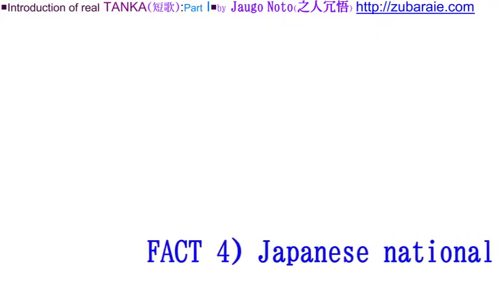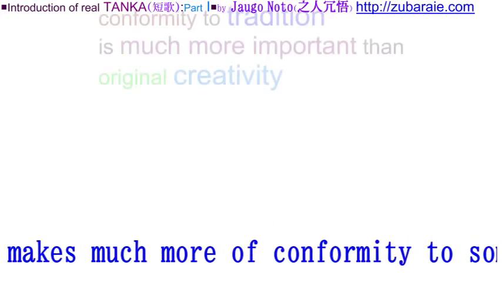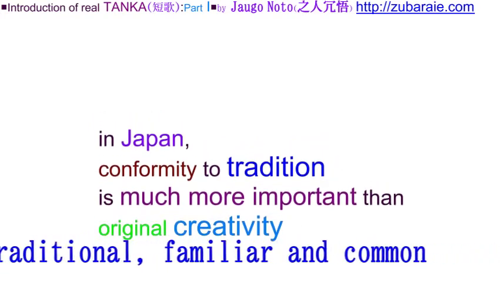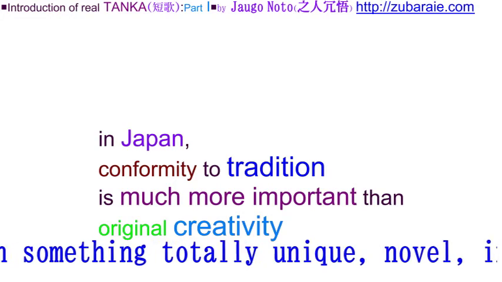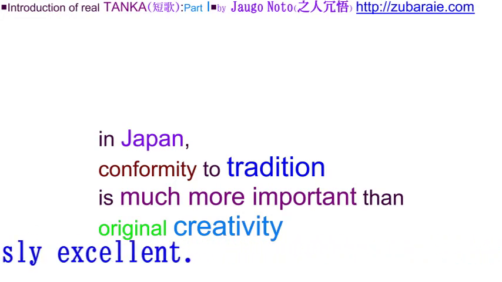Fact 4. Japanese national tendency makes much more of conformity to something traditional, familiar, and common, rather than something totally unique, novel, individual, or peerlessly excellent.